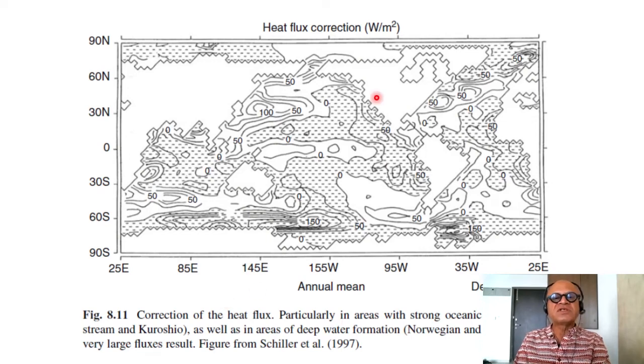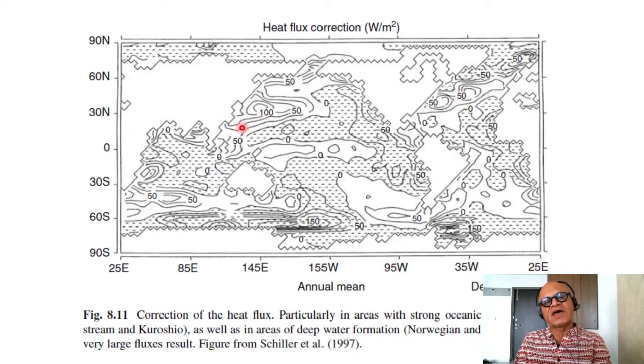Okay, so here is how the heat flux correction would look. This is correction of the heat flux, particularly in areas with strong oceanic currents like the Gulf Stream and the Kuroshio, as well as in areas of deep water formation up here and down here. So you can see that in the other regions, the East Pacific has big biases, and you see some large fluxes there.